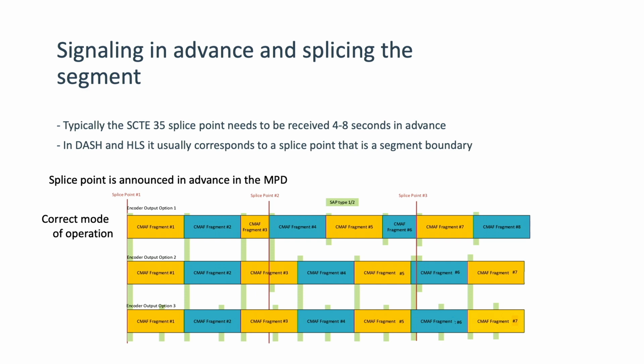But you could also have it in other modes with it being in the middle of a segment. But usually what happens is it basically is a place to start a segment. So you also, at the encoder, need to know the SCTE-35 messages to make sure you condition the content for that.